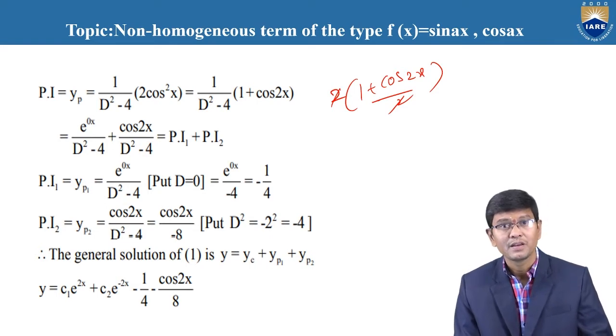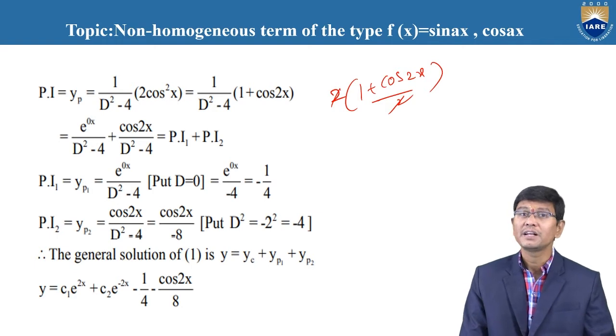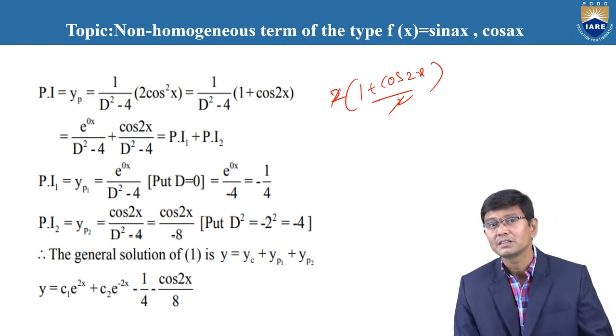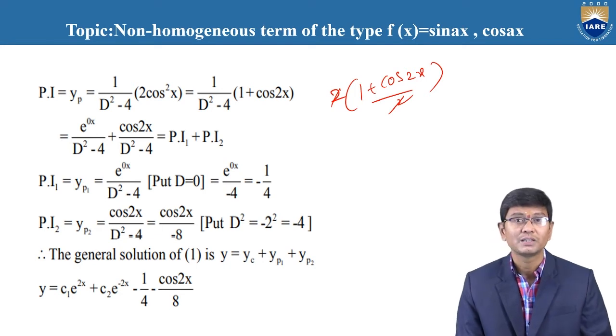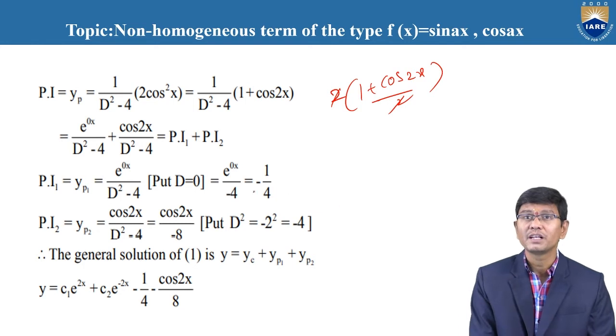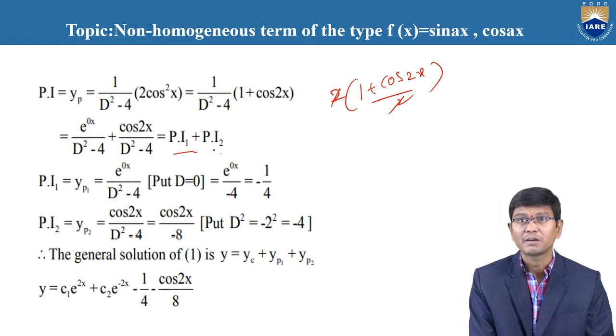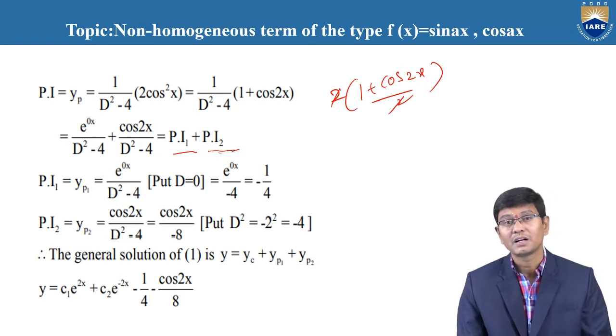Therefore, we divide into two parts: one is 1 by d square minus 4, plus cos 2x by d square minus 4. The first part is treated as yp1, particular integral 1, and the second part is yp2, particular integral 2.